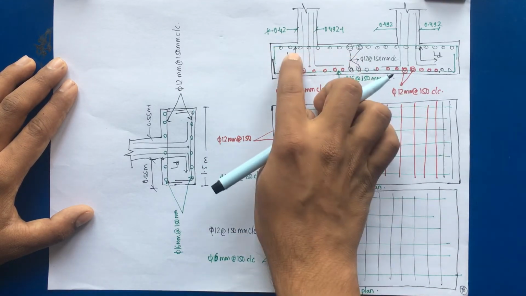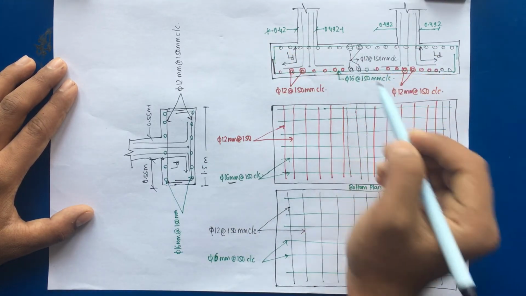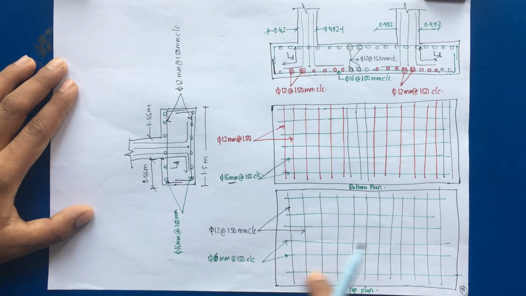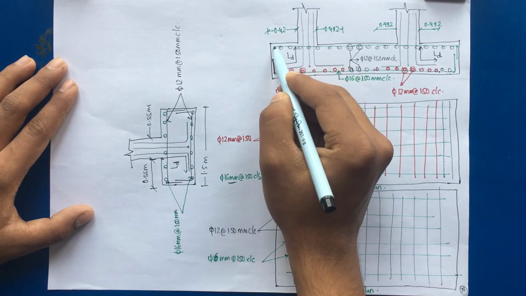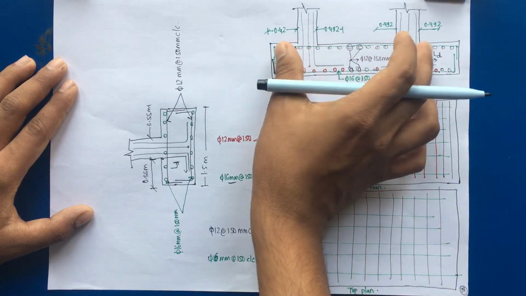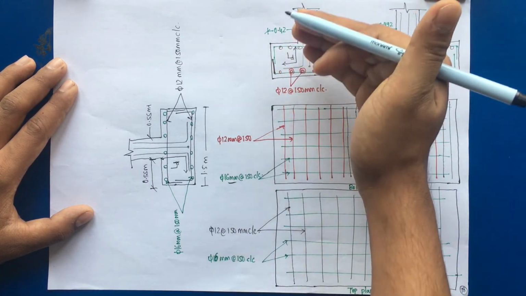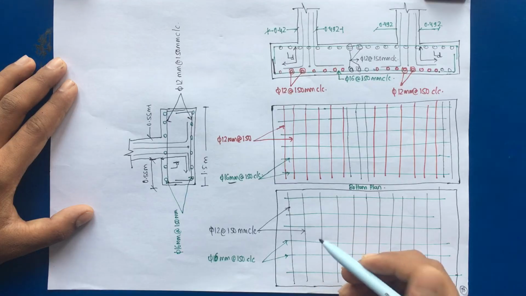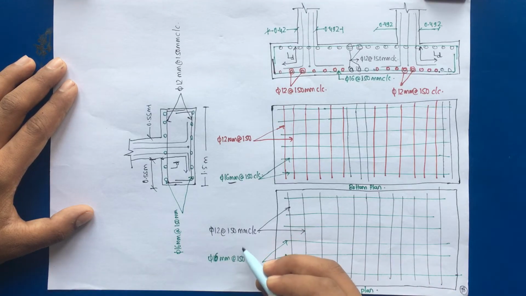Similarly, at the top we have 5 16 mm bars. The green line represents the main reinforcement, that is the longitudinal reinforcement, 5 16 mm at 150 mm center to center spacing. Similarly, for top reinforcement we provided nominal reinforcement as a distribution reinforcement, so 5 12 mm at 150 mm center to center spacing.